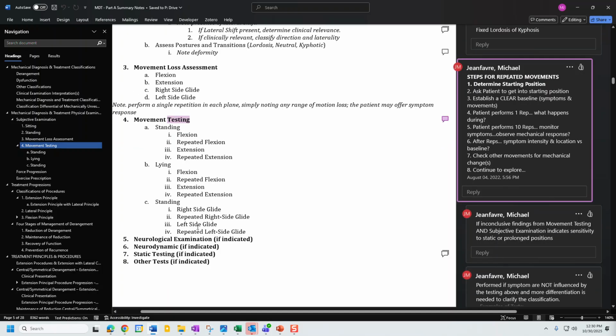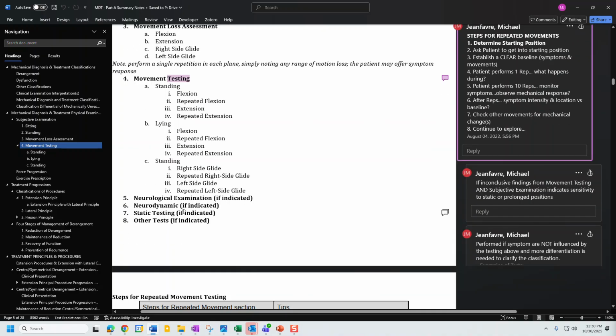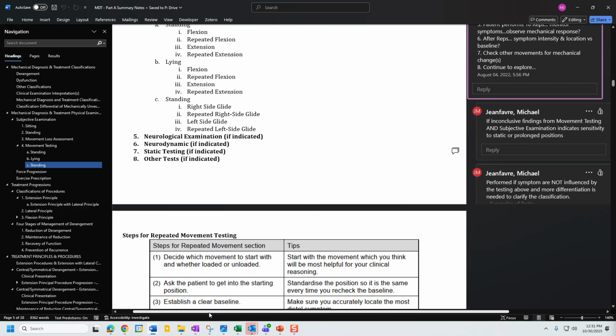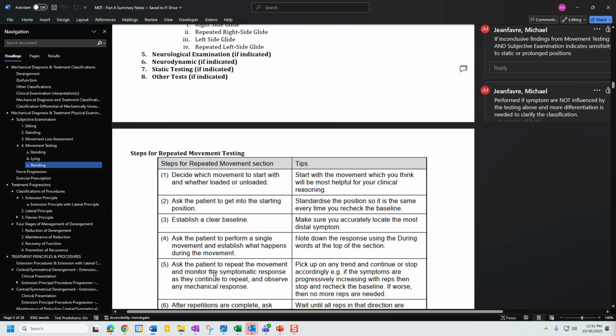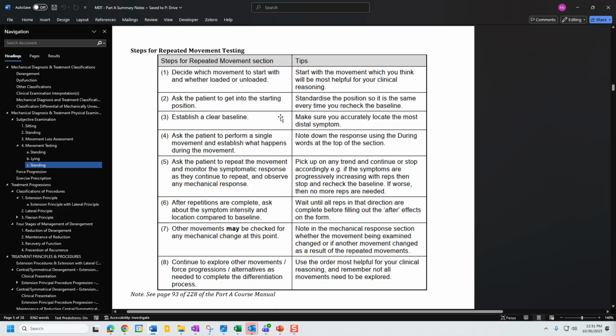If indicated, you would do a neurological examination, and neurodynamic static testing, where you use similar static positions and look at the response, and other tests as indicated. Steps for repeated testing are as I mentioned below, and then there are actual tips here.